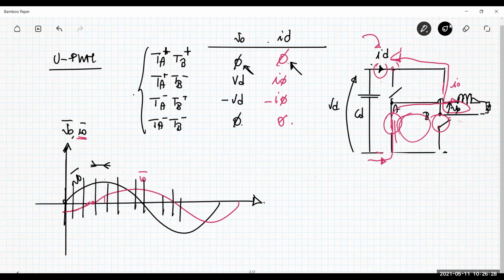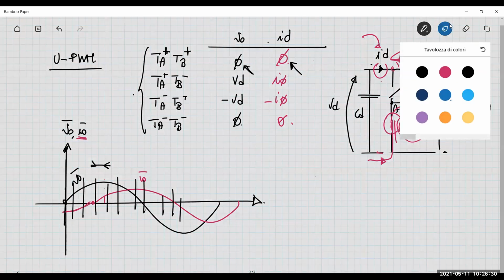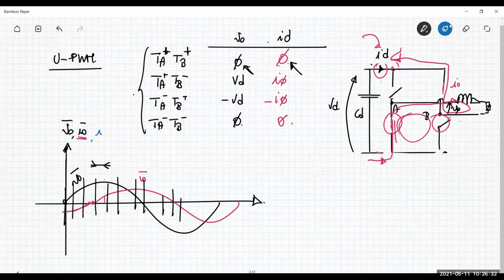So let me draw this in the same plane: the current ID is the same as the current I naught when you have this switch combination, is opposite to the current I naught when you have this TA minus TB plus combination, and is zero in the other two situations.